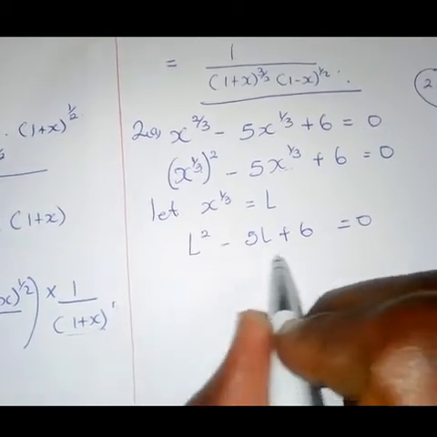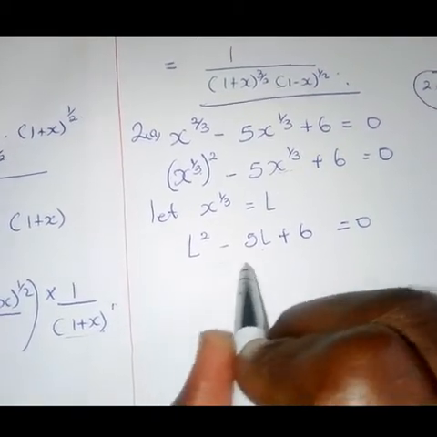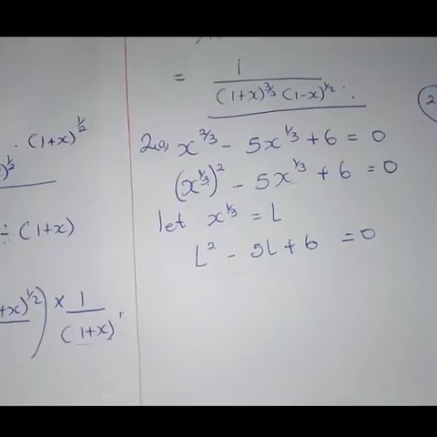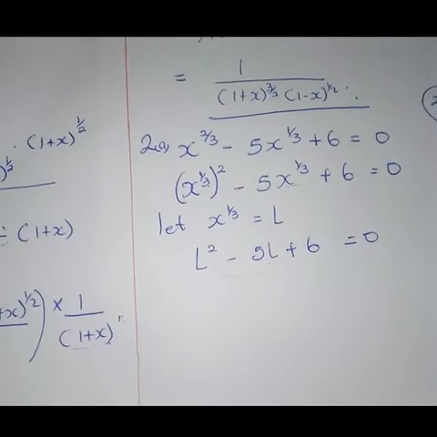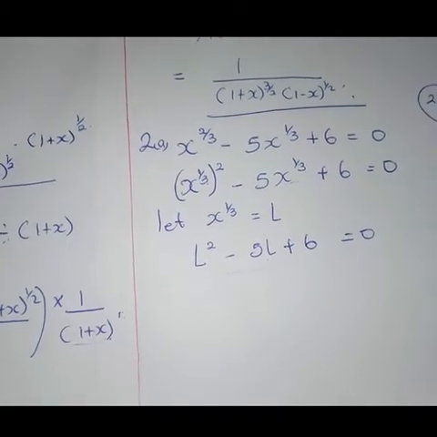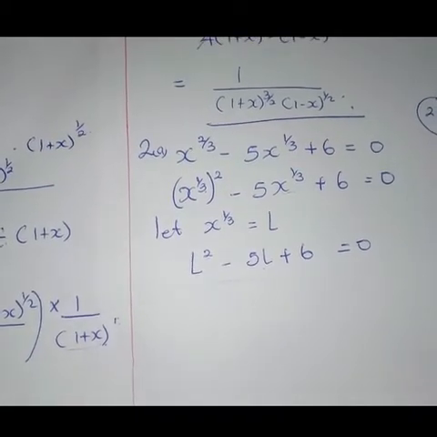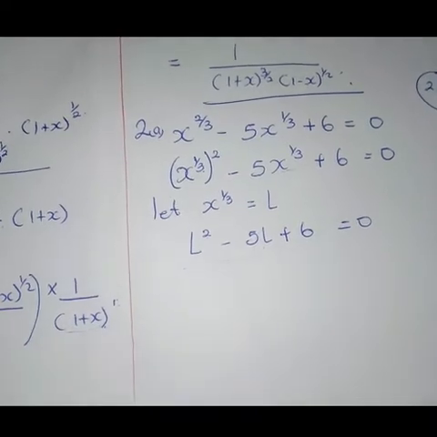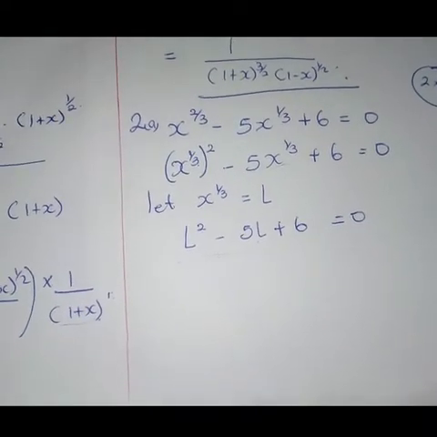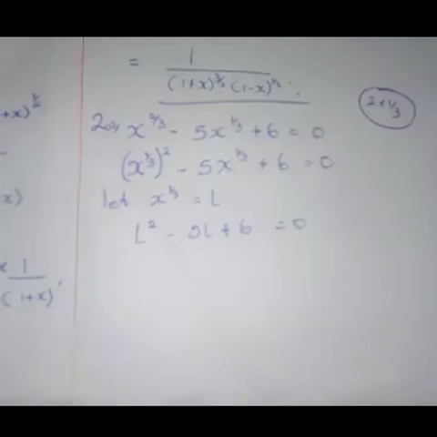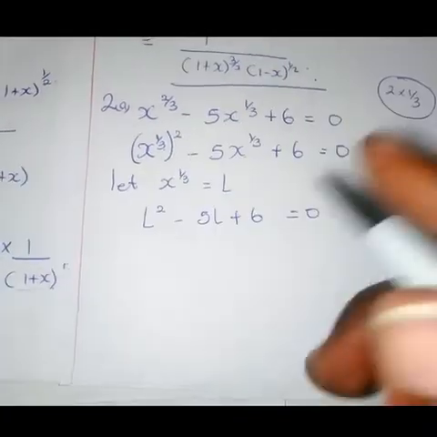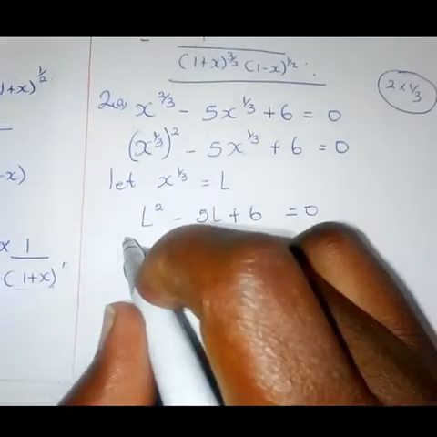Okay? And when you reach this quadratic equation, there are so many formulas or methods that we shall use to solve a quadratic equation. One of them is the quadratic formula, which I derived in my first video. The other one is the factorization method that we can use. Now, I'm going to use the quadratic formula, which you normally call the bulldozer.